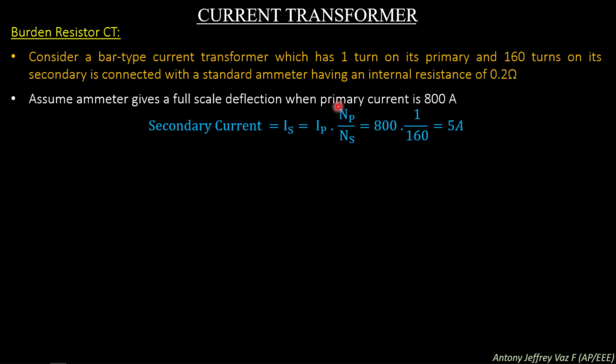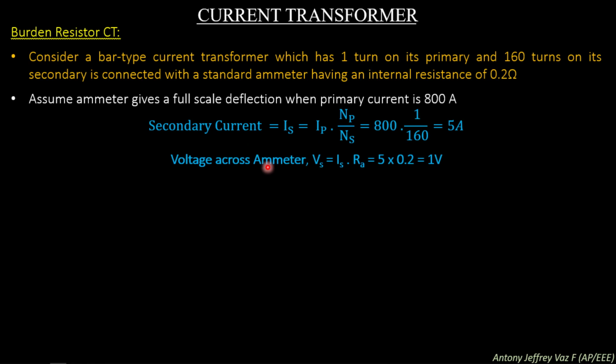The primary current at full scale deflection is 800 amperes, so we substitute 800 for Ip, 1 turn for Np, and 160 turns for Ns. We arrive at 5 amperes as the secondary current.